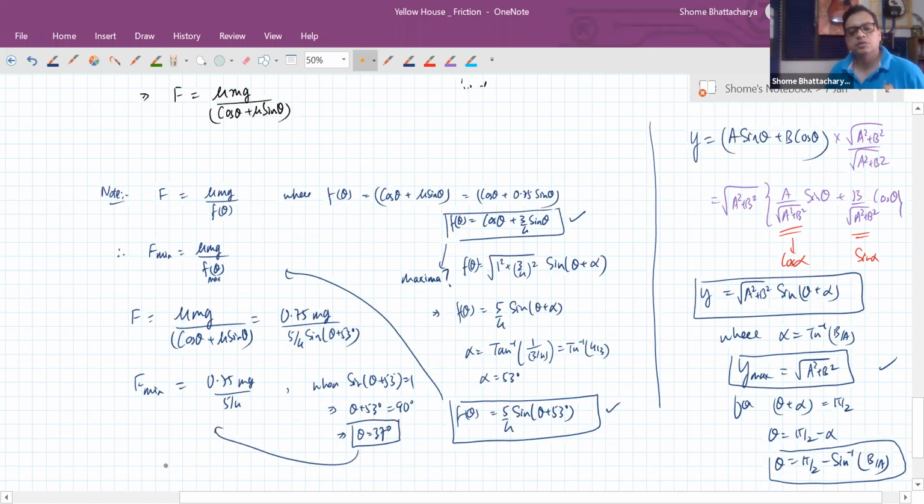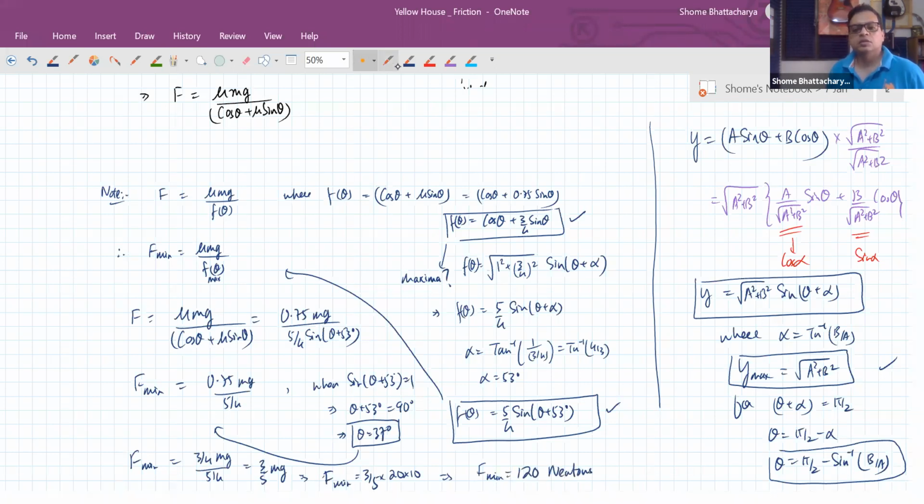So this will correspond to this minimum. So 120 newtons will be the minimum force required to drag this block.